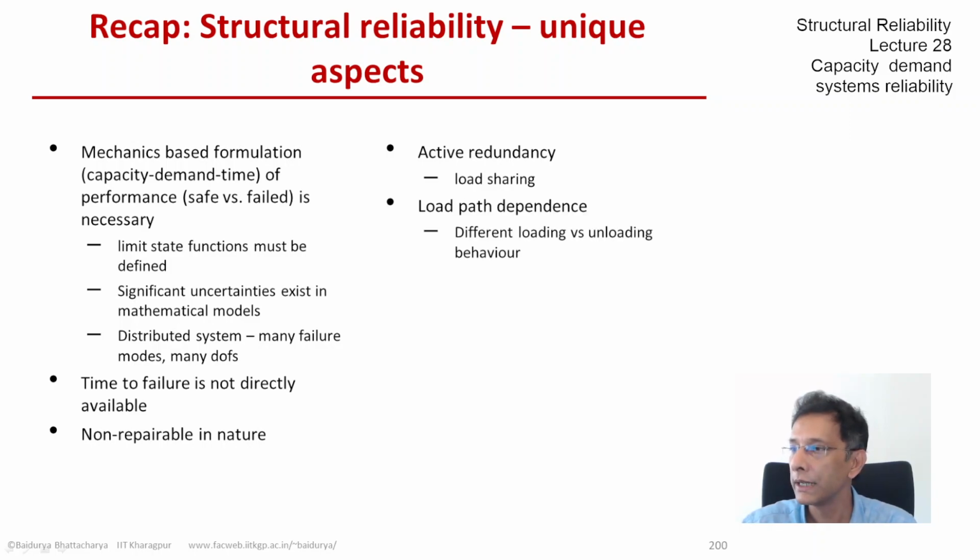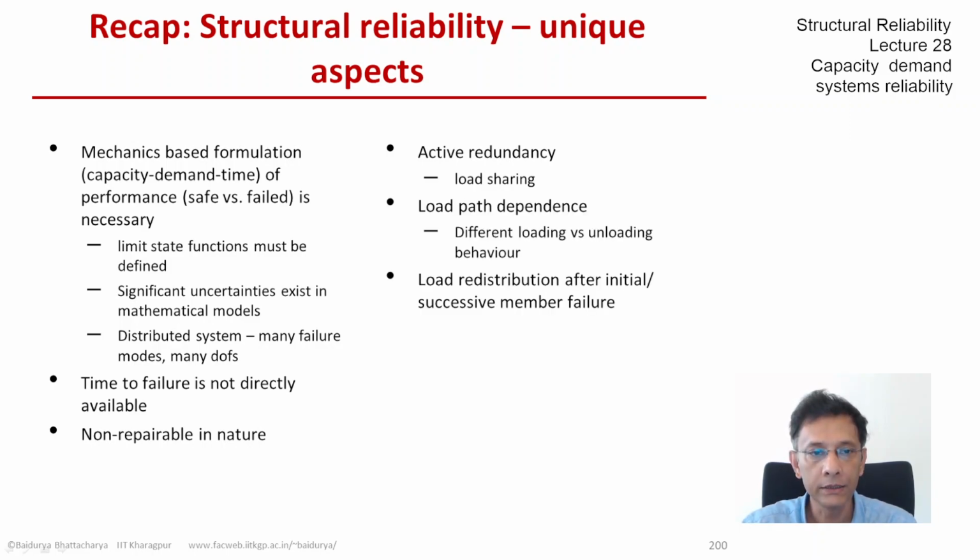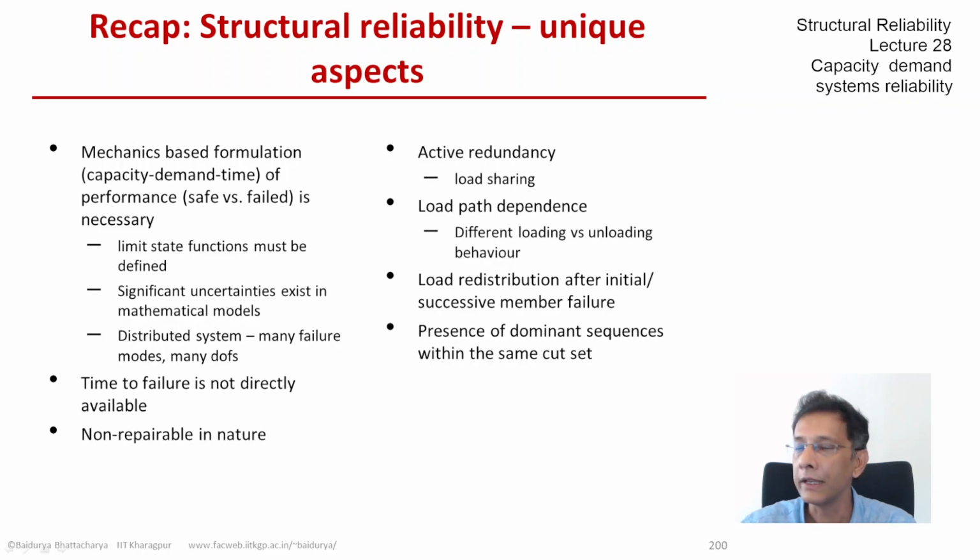There is load sharing, there is load path dependence, and if there is unloading involved, it doesn't have to follow the loading path. And if there is a sequence of failures, then there is load redistribution, and some of these sequences may be more likely and others less likely. So we need to understand that behavior as well.